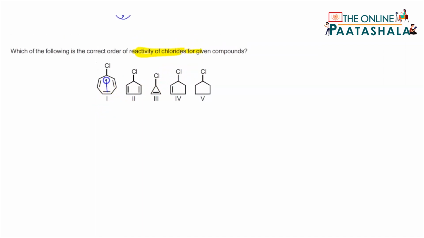Suppose I remove chlorine from here. The structure will go like this, and here you will be getting a cation. This is a carbocation, a 7-membered carbocation.